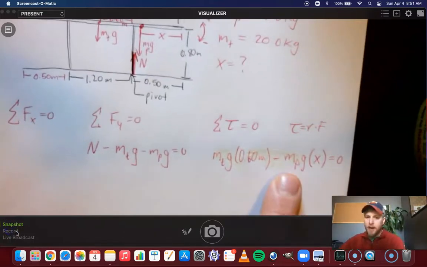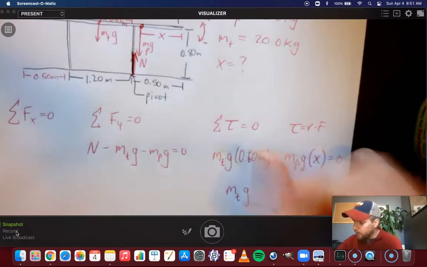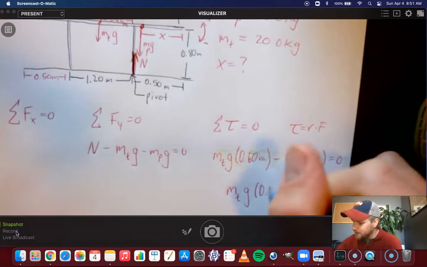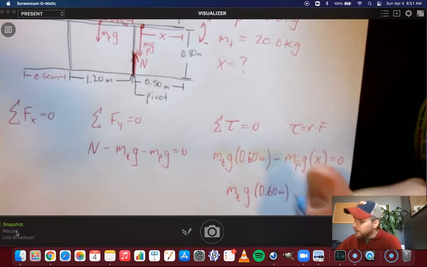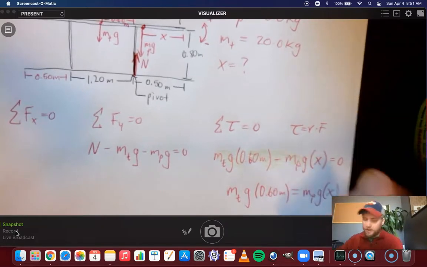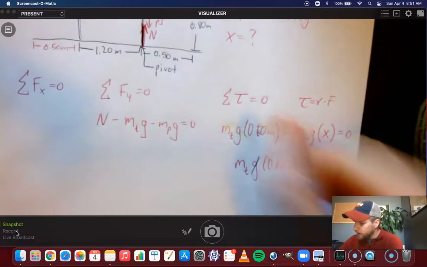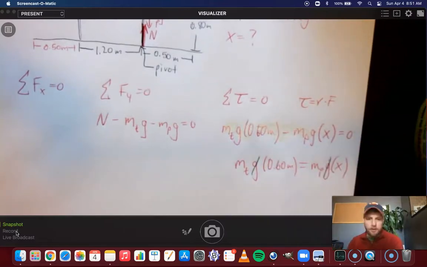Add the mass of the person and the acceleration due to gravity to the other side. So we'll have the mass of the table times the acceleration due to gravity times the distance, 60 centimeters, and that's going to be equal to the mass of the person times g times x, the distance that we are looking for. So we can cancel the g's, which is nice, even though we knew them. And we can then divide by the mass of the person.